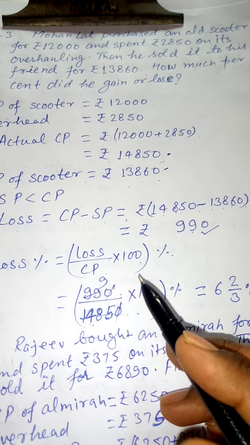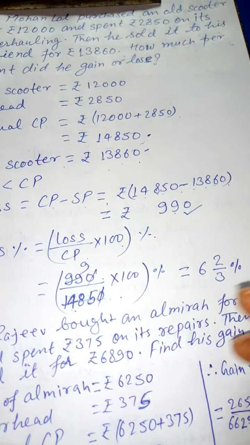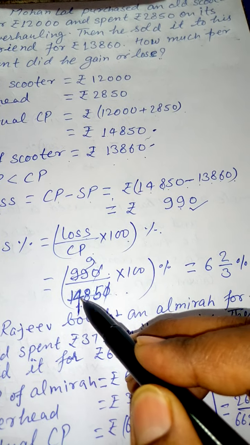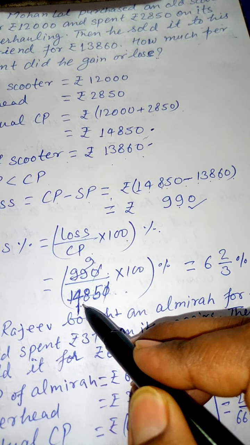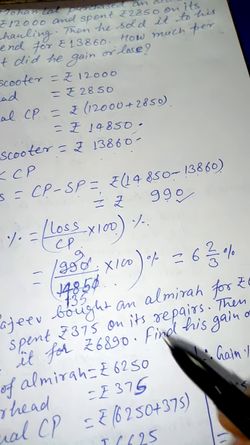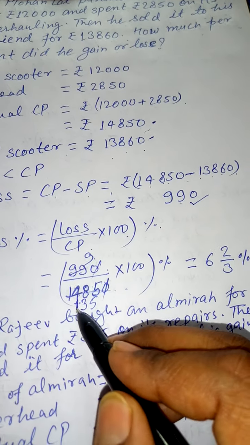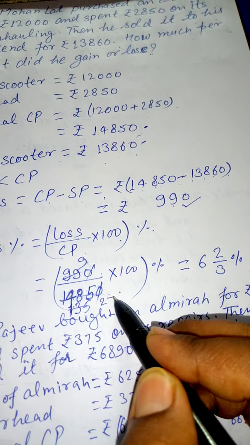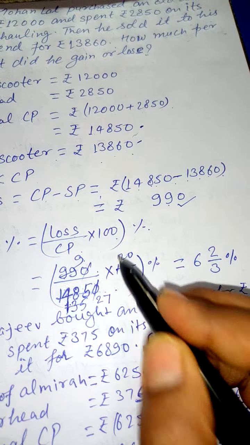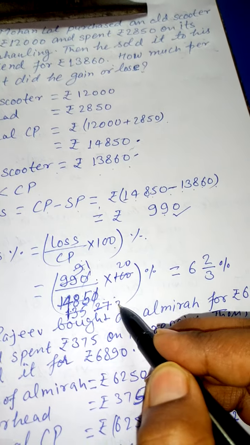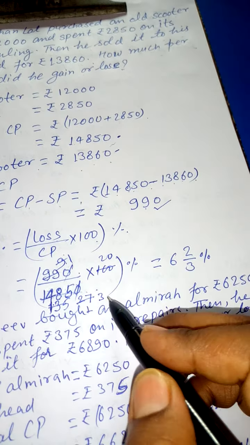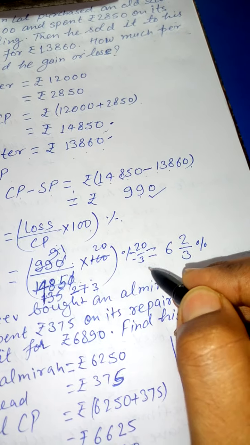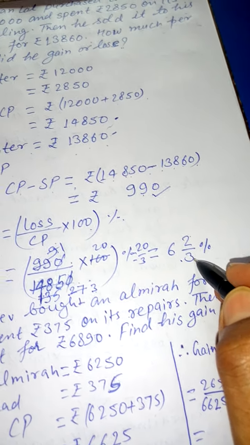We can solve it by cancelling common factors step by step. Finally it will be 20 by 3%, which equals 6 whole 2 by 3%.